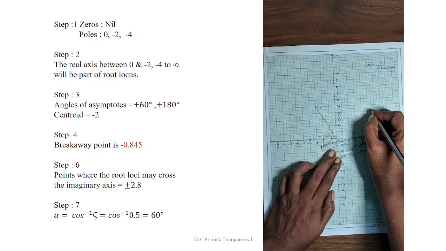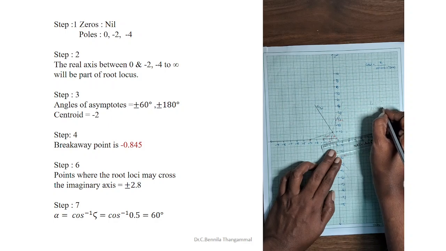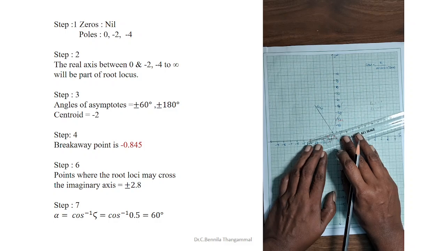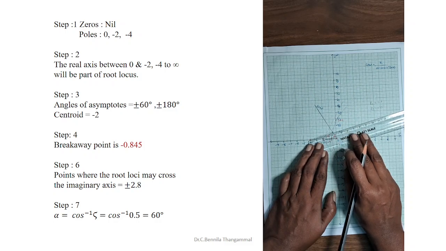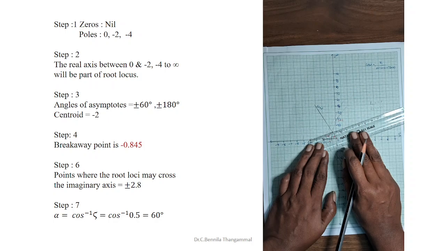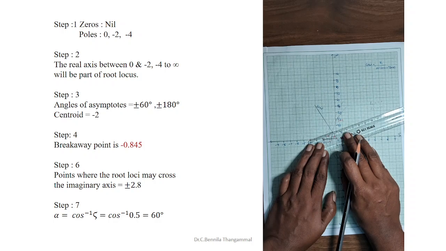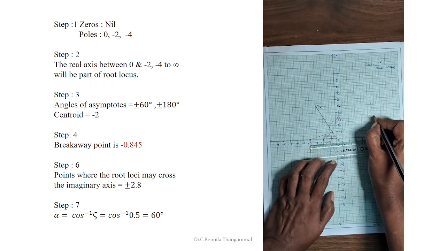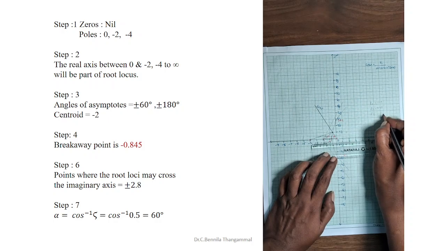So L2 is 1.85, and again L3, from pole 4 to the meeting point, is going to be 3.6.